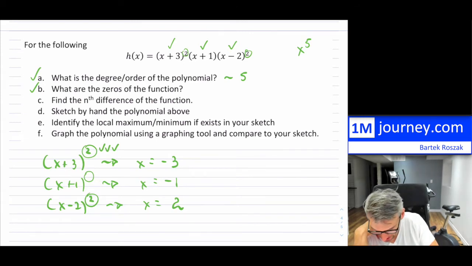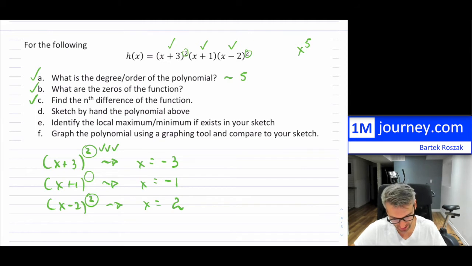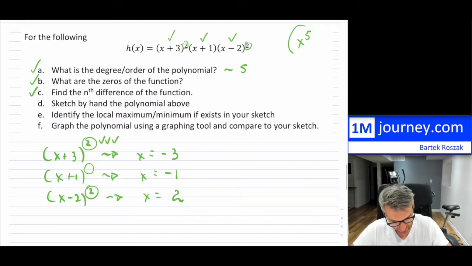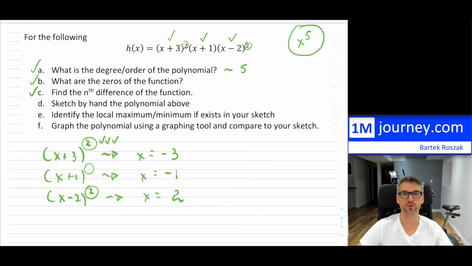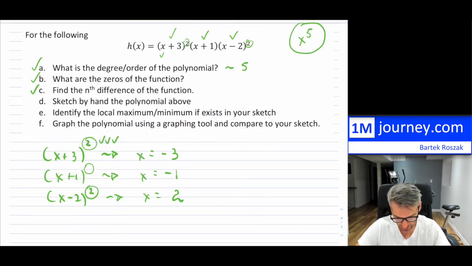Okay, so part C. Find the nth difference. Well, this is our leading term. If we would have expanded it out, we don't actually need all the other terms. So even if it's in factored form, it's actually simple to find the nth difference. All you want to know is your highest order, which would have been the multiplication of the terms within here, and that's x to the 5.